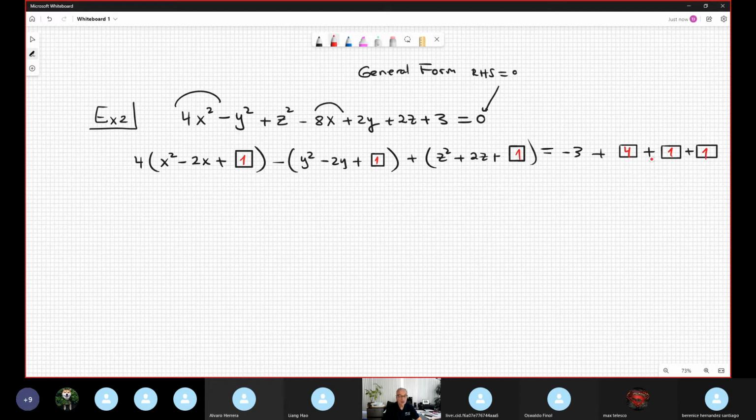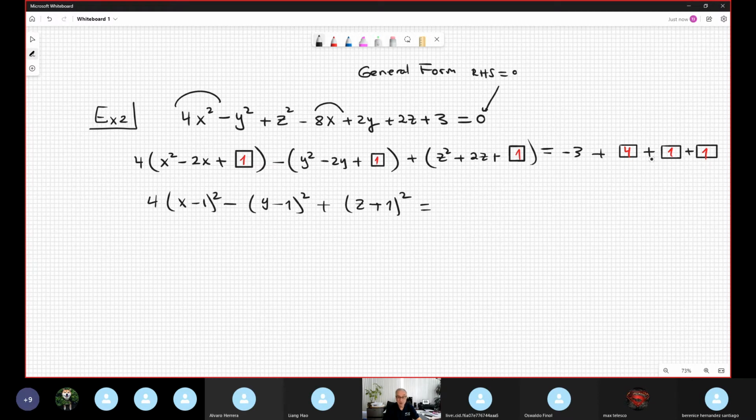Good. Now factorization. It is 4 times (x minus 1) squared minus (y minus 1) squared plus (z plus 1) squared. And on the right-hand side, we have 4 minus 3 is 1.